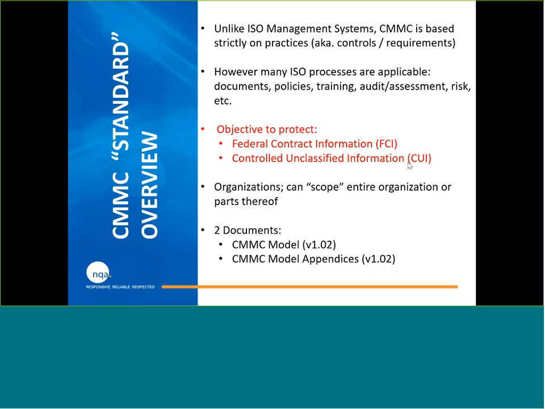If you scope down to just a given project or a given enclave to meet a certain contract, that certification may or may not be valid for future contracts. Conversely, if you scope the entire organization and get certified, say to level 3 for the entire organization, then your entire organization is good to go to bid on any future level 3 type contracts. So bear that in mind as you're thinking about it as well.